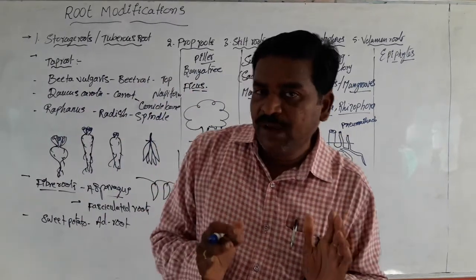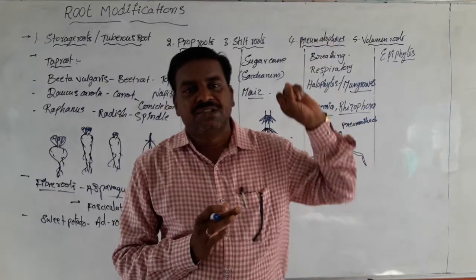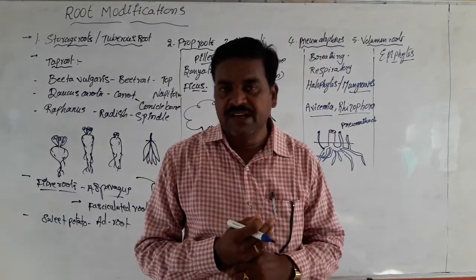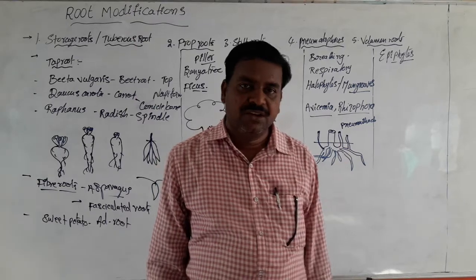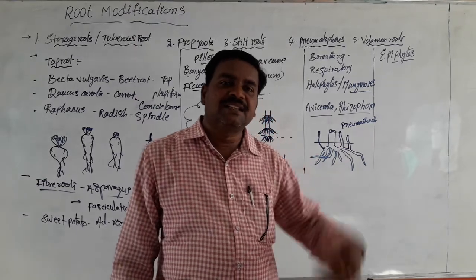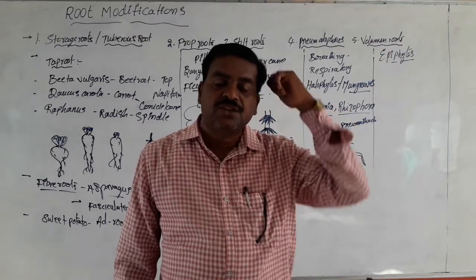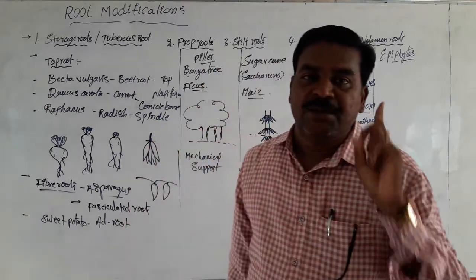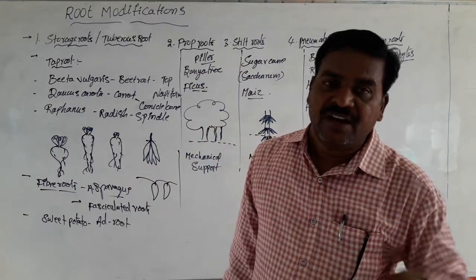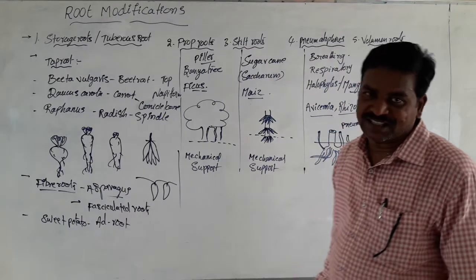Such small plants are called epiphytes. Why do these plants take shelter on the branches of large trees? To obtain a sufficient amount of sunlight for their photosynthetic process.